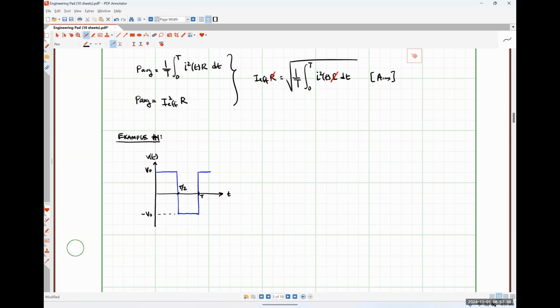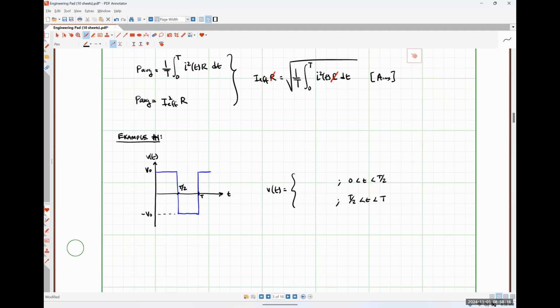So how would I describe this function mathematically? I personally would use a piecewise function, right? And if we're only trying to describe it over one interval, or over one period, because that's all that we're interested in when we're calculating effective values, I would have that it's some value for 0 less than t less than capital T over 2, and then it's some other value for capital T over 2 less than t less than capital T, right?